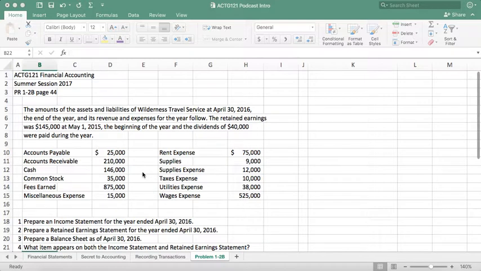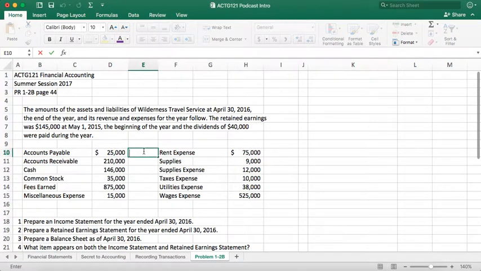They've given us this information, and they've asked us to do these three items and answer the fourth. You'll notice that these items are not in any particular order, so we need to first identify what they are. Anything with a payable last name is a liability. Accounts receivable is an asset.